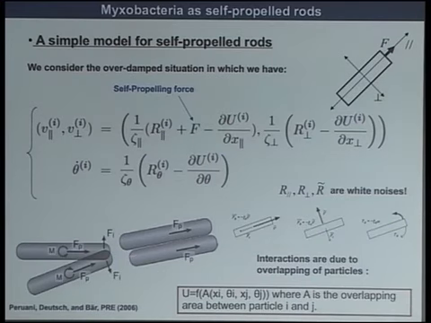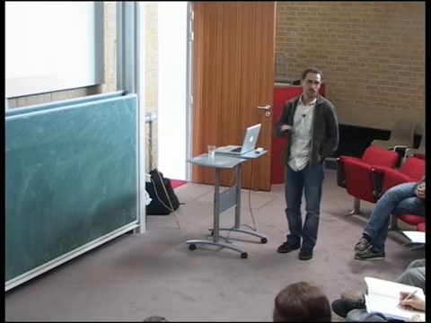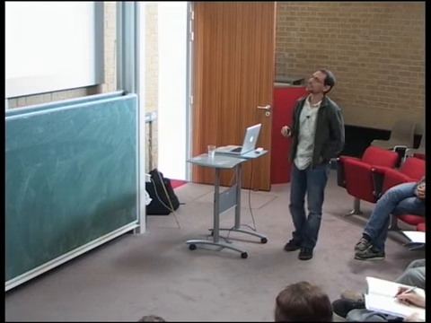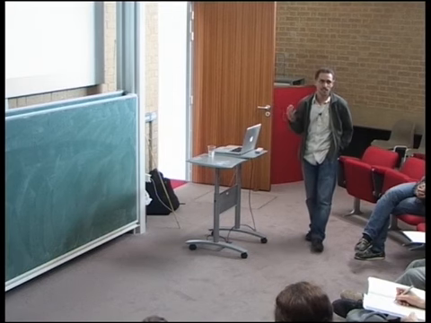The interaction is only induced by volume exclusion, and we model that by using a potential that penalizes overlapping of the particles. And something very important here is to realize that these equations are written in an overdamped situation, meaning we neglect inertia.